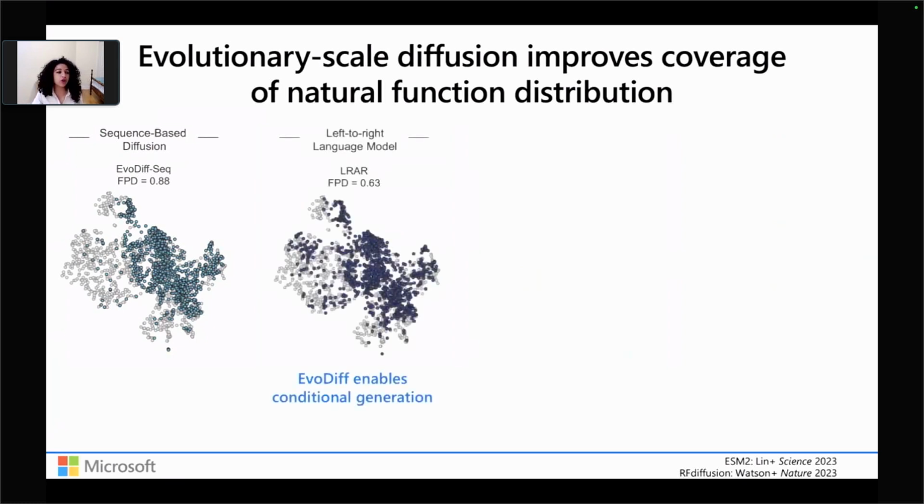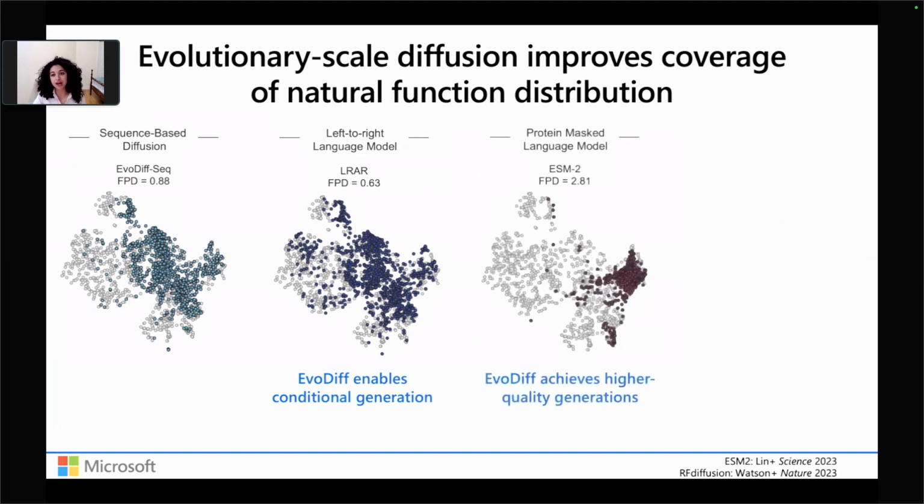And namely, when we look at an autoregressive left-to-right language model, we see we enable comparable performance in terms of coverage of this functional space. But as we'll see in a little bit, EvoDiff has this ability to enable arbitrary conditional generation, while the left-to-right autoregressive model is less flexible in this sense.